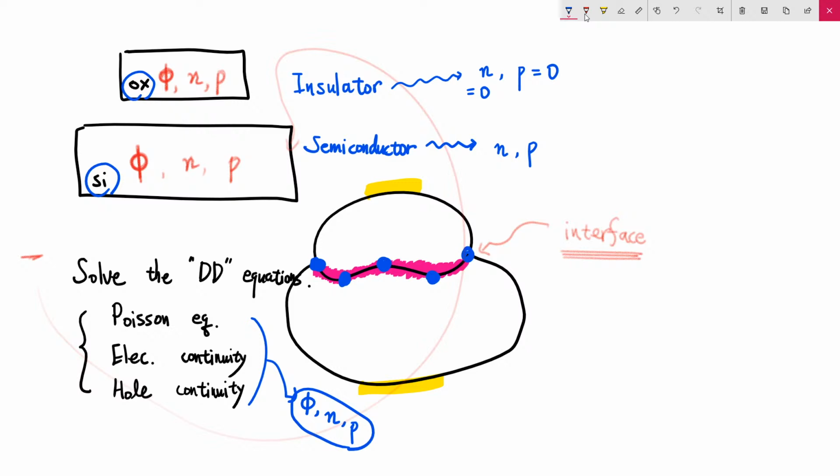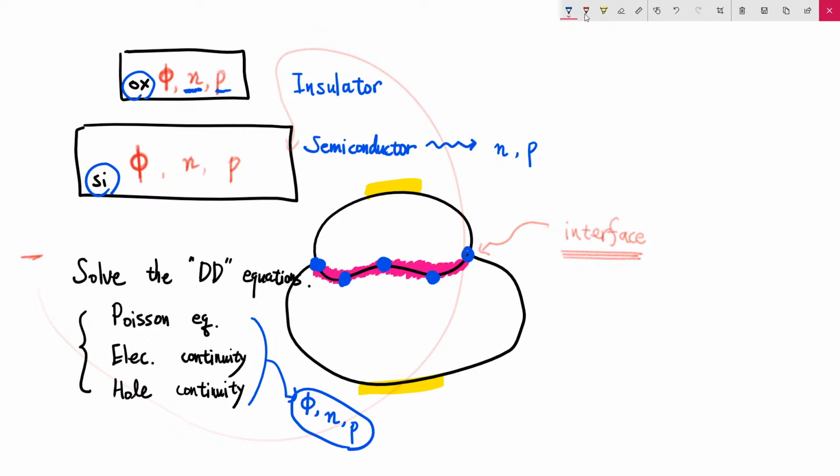So by accepting that assumption, it is quite natural to say that the physical validity of quantities like electron density in an oxide region or hole density in an oxide region is quite questionable.